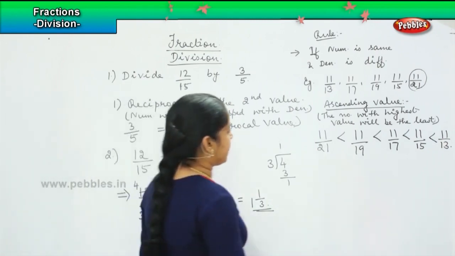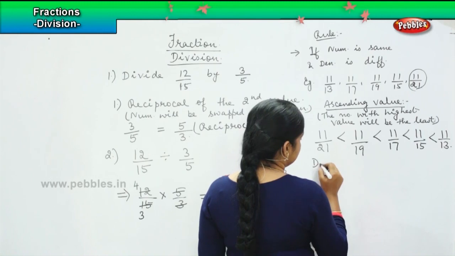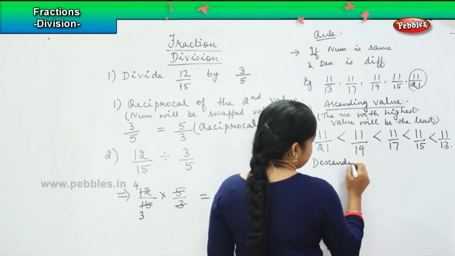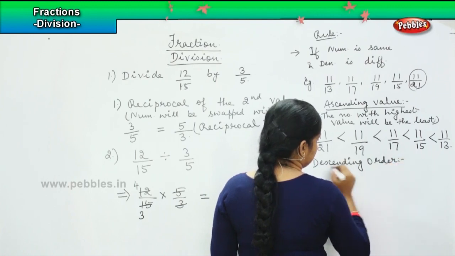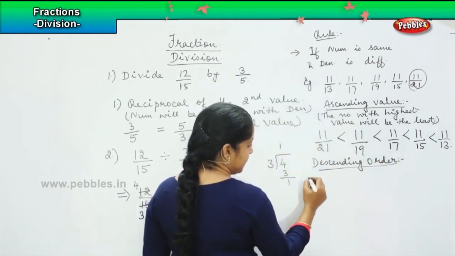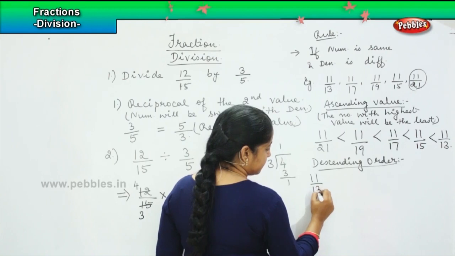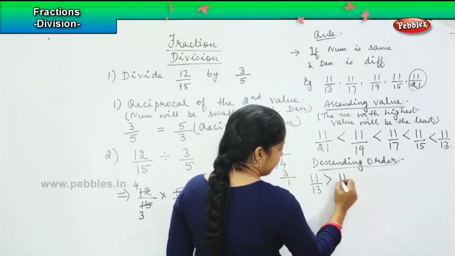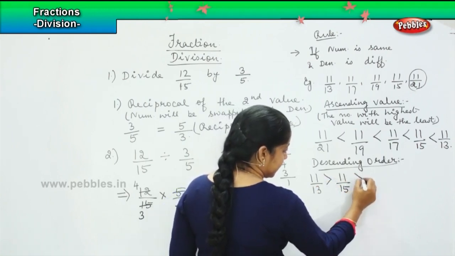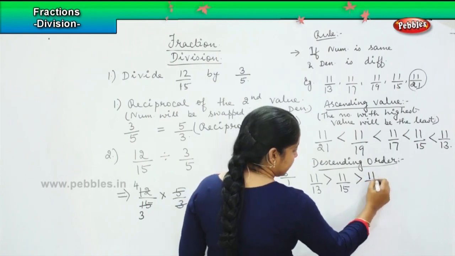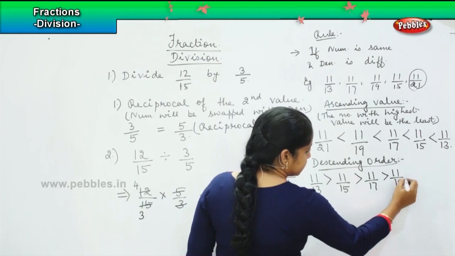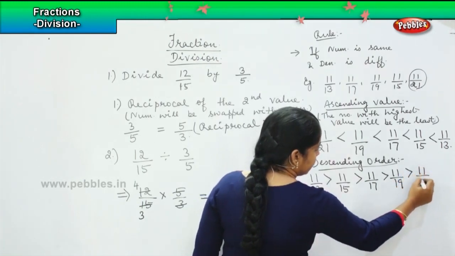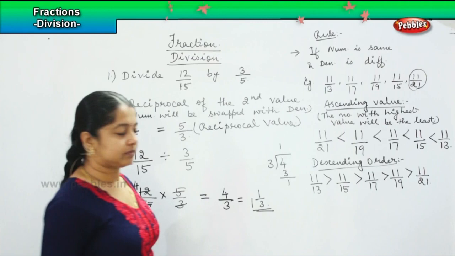Okay. And if it has to be in the descending order, then it will be 11 by 13 is greater than 11 by 15 is greater than 11 by 17 is greater than 11 by 19 is greater than 11 by 21.